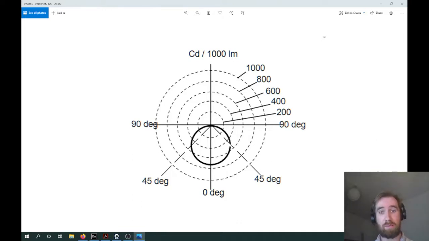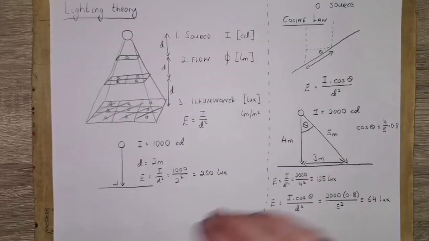So for a given lamp, you can work out the amount of lumens it produces, and then using its characteristic polar diagram, we can work out the luminous intensity. So let's do an example of one of those on a piece of paper. This again is polar diagrams.